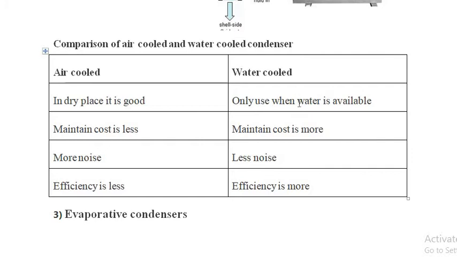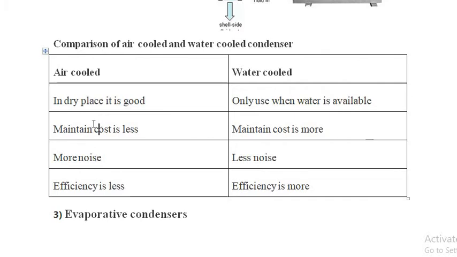Here there is no need to flow the air, whether it is hot or cold air, it does not matter. If the water is not available, the water-cooled condenser does not work, because it only uses water.